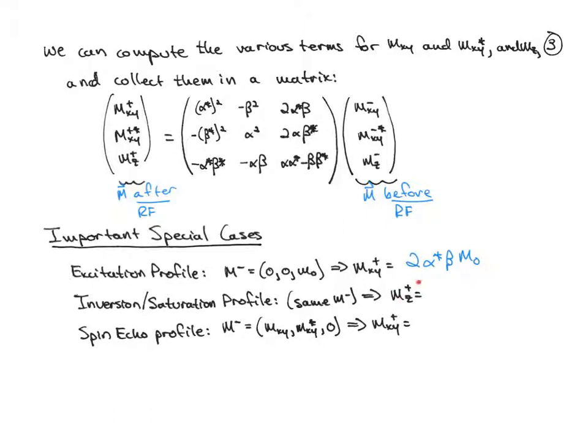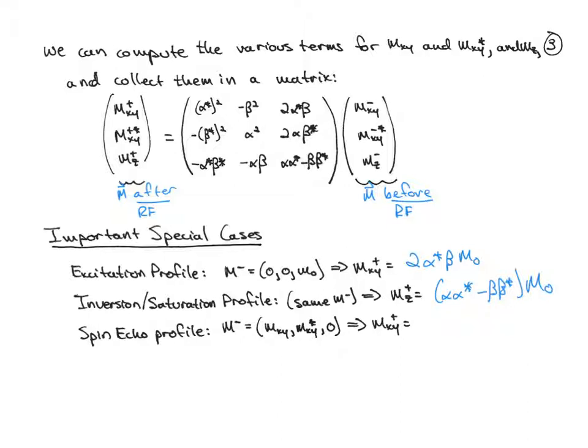The Mz after the RF pulse, assuming that all the magnetization relaxed along the z-axis, then for Mz after the pulse you get alpha alpha complex conjugate minus beta beta conjugate times M naught, which we showed earlier is the same thing as 1 minus 2 beta beta conjugate.